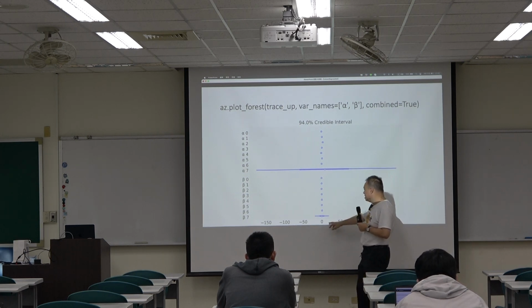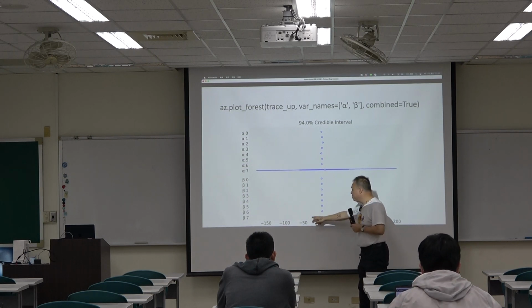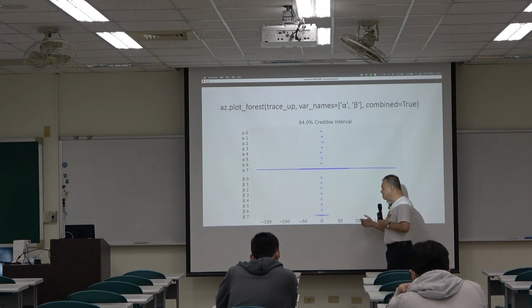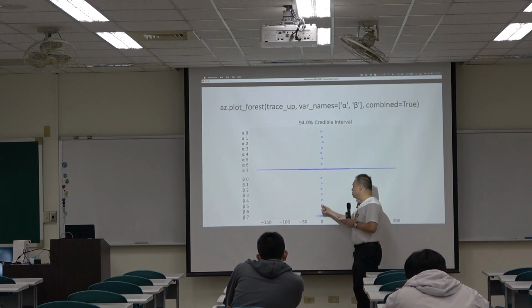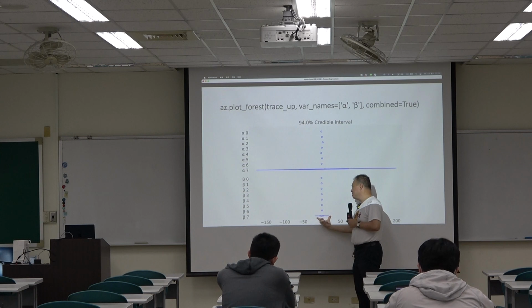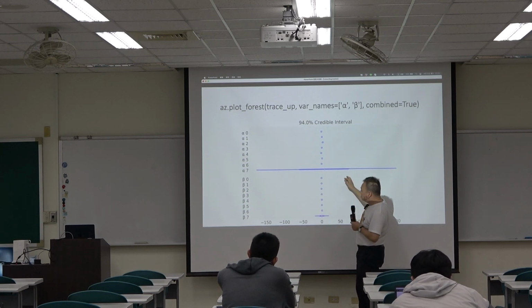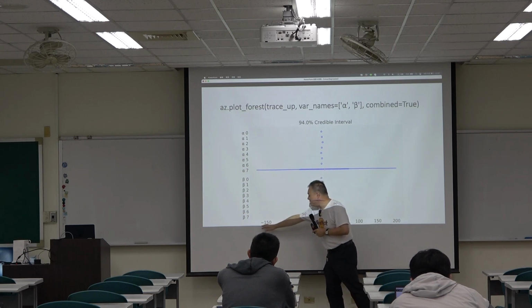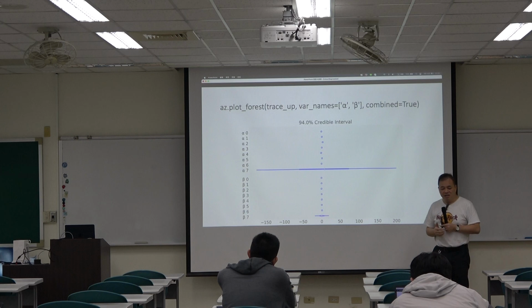Same thing here. The range is very wide for the slope. It's so wide that you don't even see the range of the other groups, because the range for the last group is too wide. You can see this is from -150 to +200. The scale is so big.